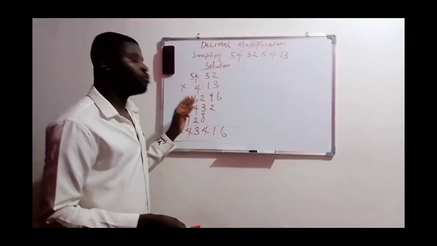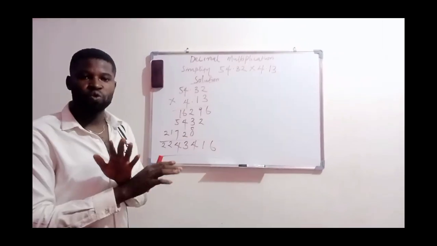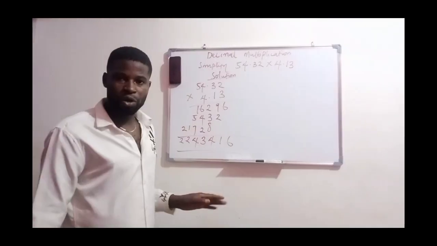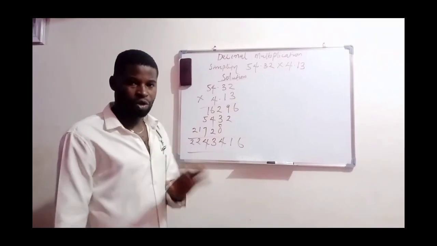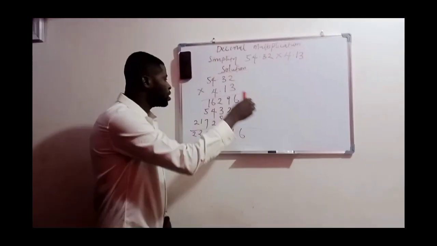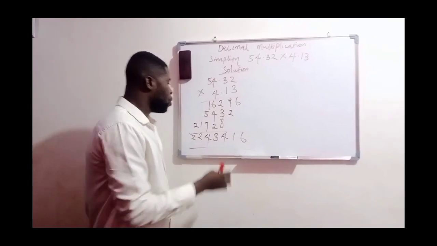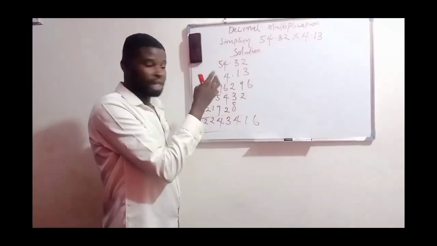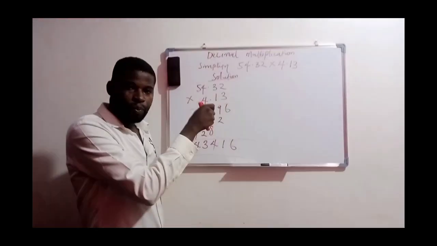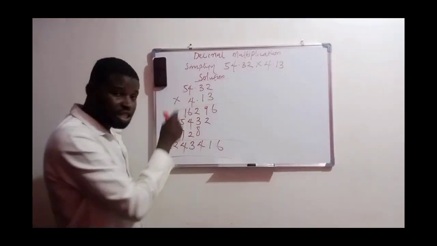Your ability to understand what I want to do now will always help you to calculate any decimal point in terms of multiplication without any problem. Since this has to do with multiplication, this is what you will do. When you are done with all these steps, you will now start trying to know the particular point you will insert your decimal point.